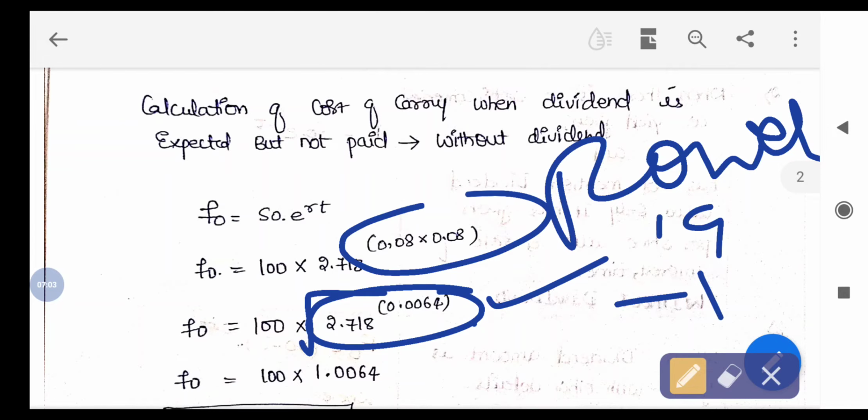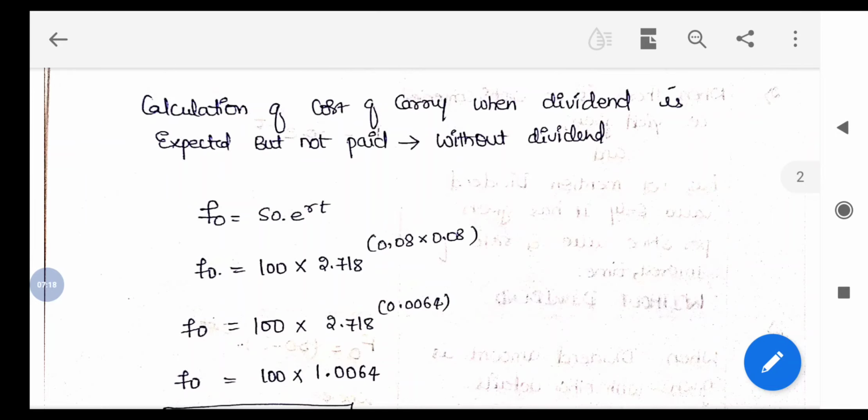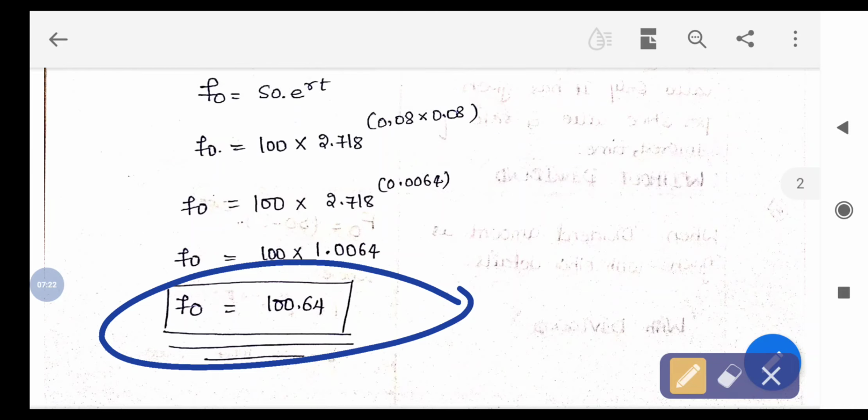Next you will multiply by this power. Next you will add 1. Next you will multiply, that is press the multiply and equals button 19 times. You will get 1.0064. So after multiplying 100 into 1.0064, the answer is 100.64.